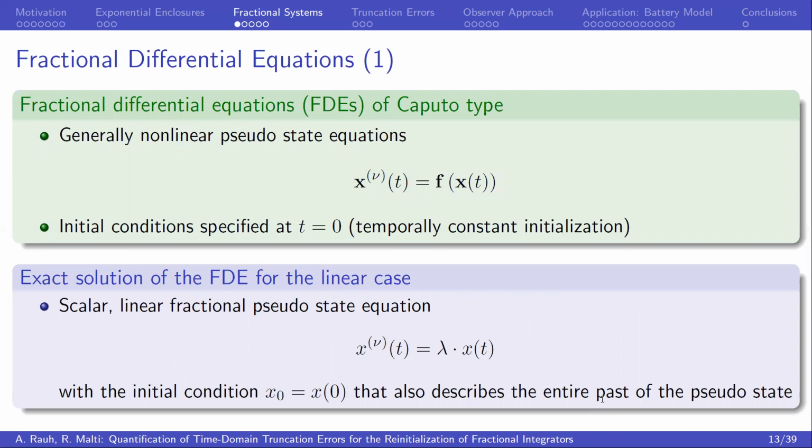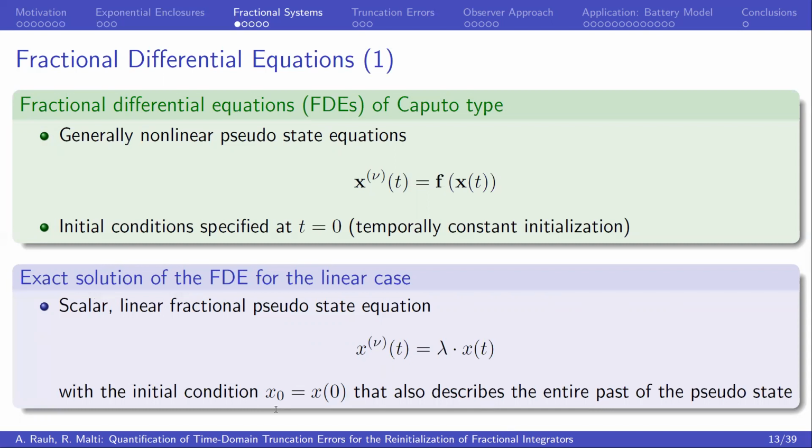Now let's start with a scenario where the complete path of the pseudo-state of a fractional system from the point of time t equal to 0 and all points of time before this point t equal to 0 are temporarily constant and correspond to the initial condition x0.